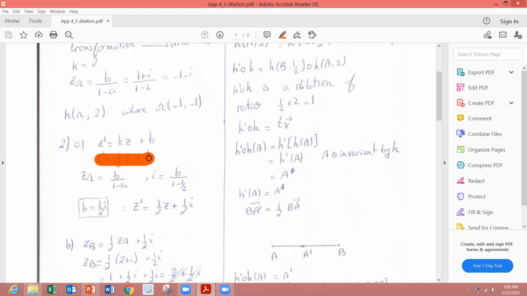Yes. لنلاقي B I can say Z omega equals B على 1 minus A. Z of the center, the affix of the center is B over 1 minus A. Z omega is I, equal B over 1 minus A، و K is 1 minus half. تطلع ال B equal half I cross multiplication.